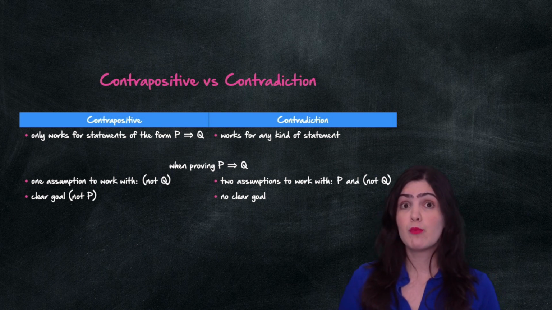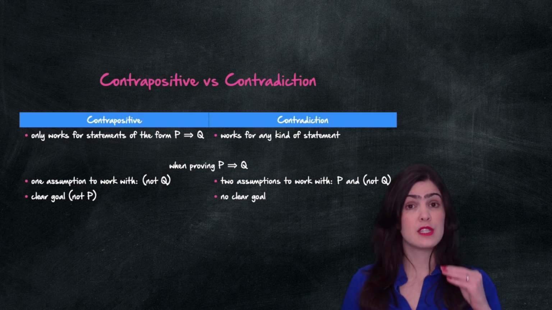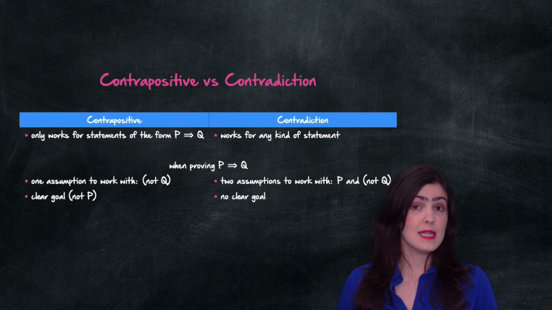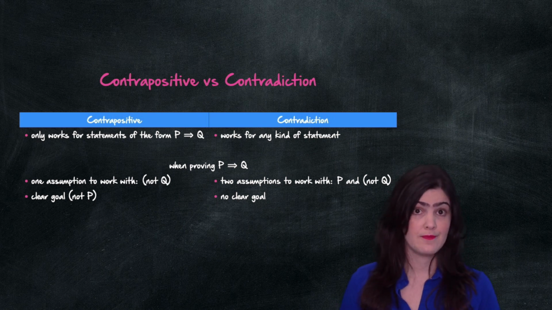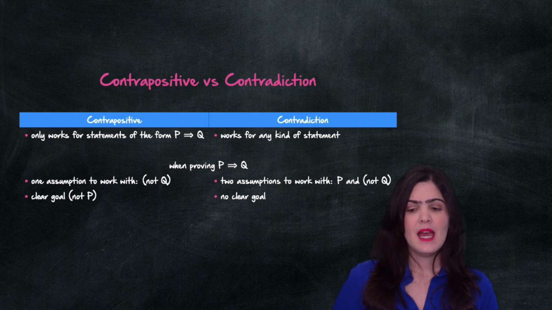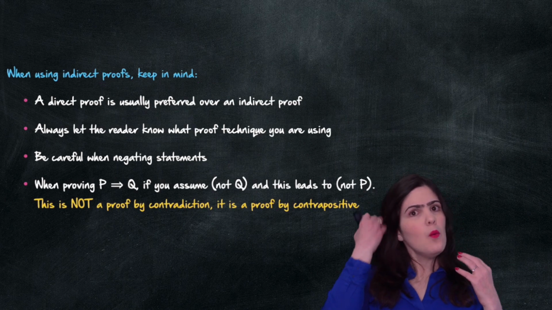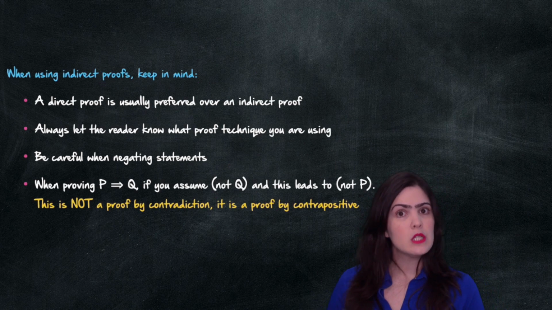So whenever you're doing proof by contradiction, make sure that you're very, very careful and that all your steps are correct. Because as I said, a mistake in the middle of the proof could lead you to a false contradiction.